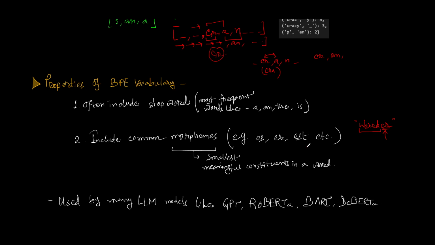The computer will be able to tokenize or prepare an embedding for this er part. Though it will not figure out what this word is exactly, it will figure out that this is giving a comparative. This word is doing a comparison, like something is weirder than something. It will understand that based on this er part.